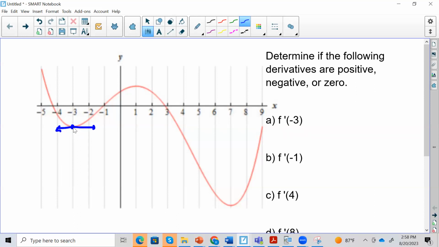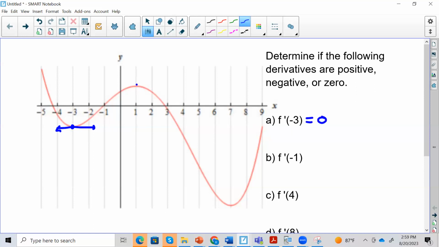Okay. And so anytime we have a max or a min, which is called a turning point, the derivative is going to be zero because the slope of that tangent line is zero. So f prime of -3 is going to equal zero.